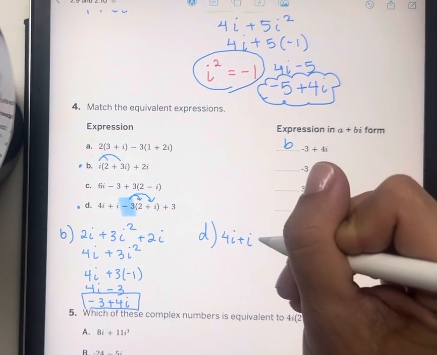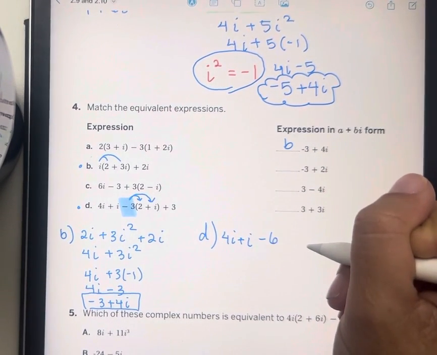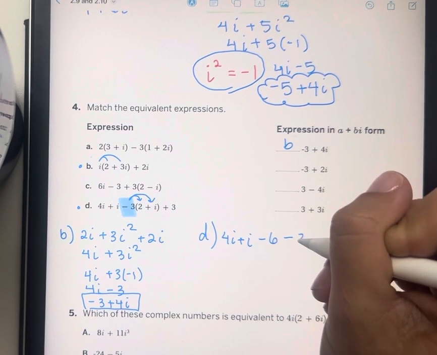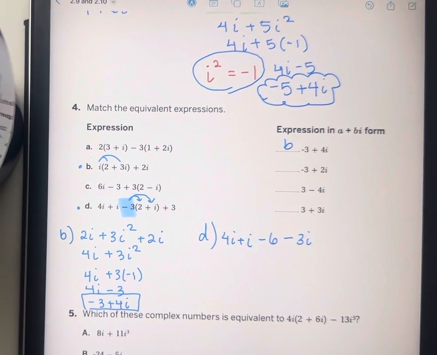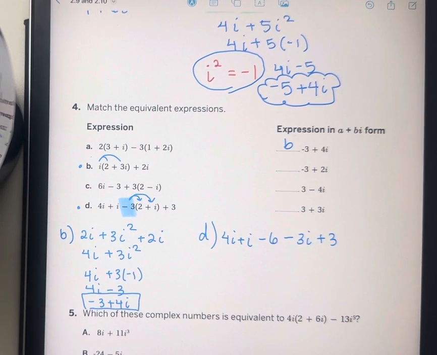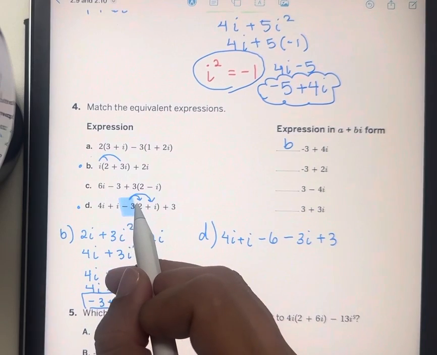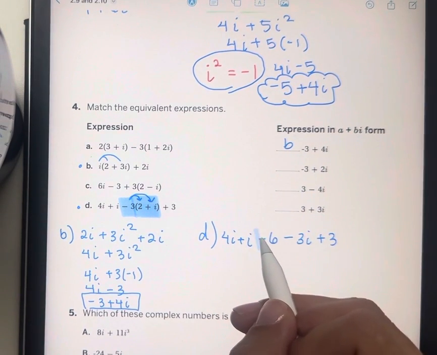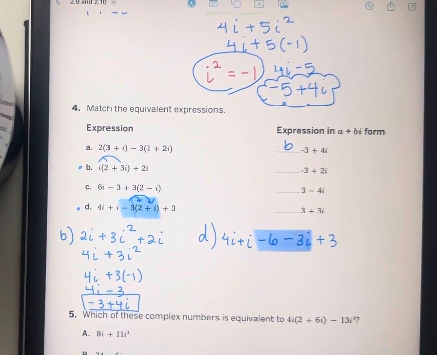So this becomes negative 6 minus 3i. And then the plus 3 is left there. I just got the urge to highlight for you where that came from.